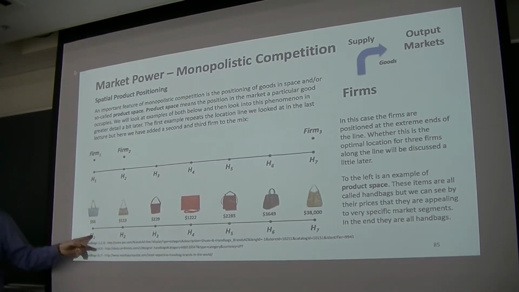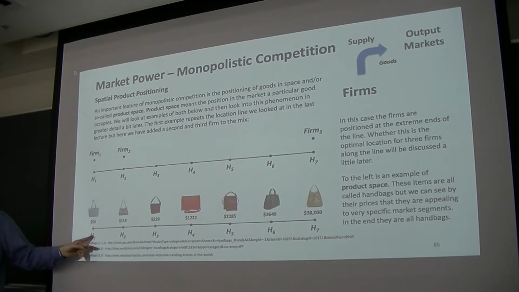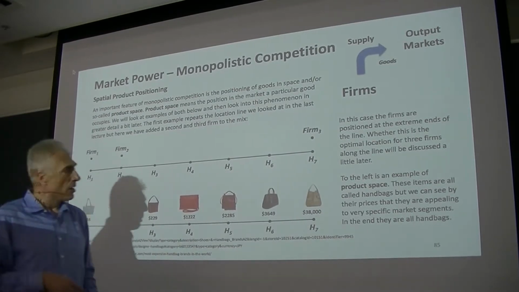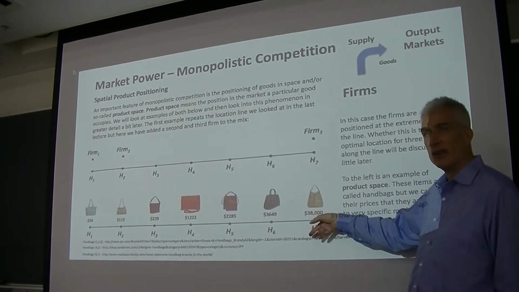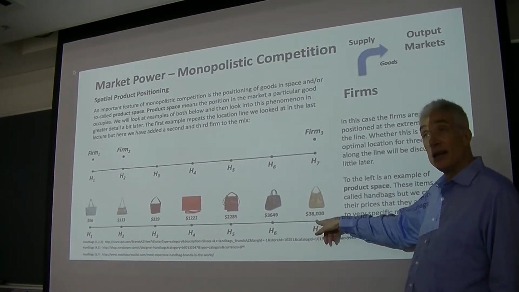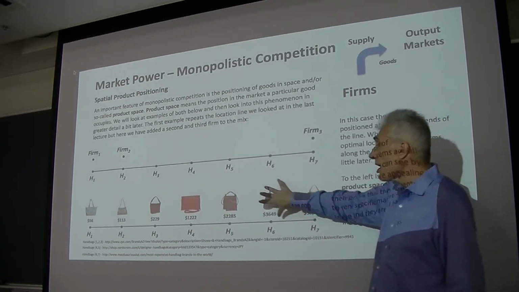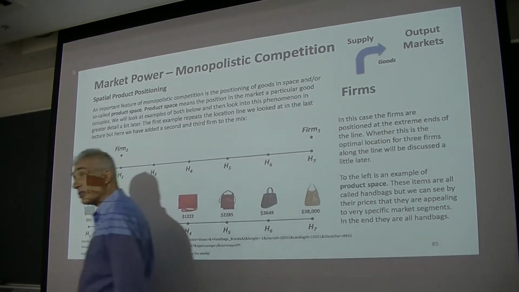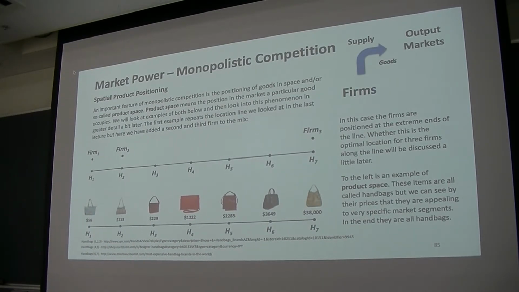Their household lives in this neighborhood, purchasing this product. If you're very wealthy, this is probably diamond studded or whatever, and you're going to go there. You live in this neighborhood, but it's really just product space. It's not physical space, it's product space. And this is a very important distinction.